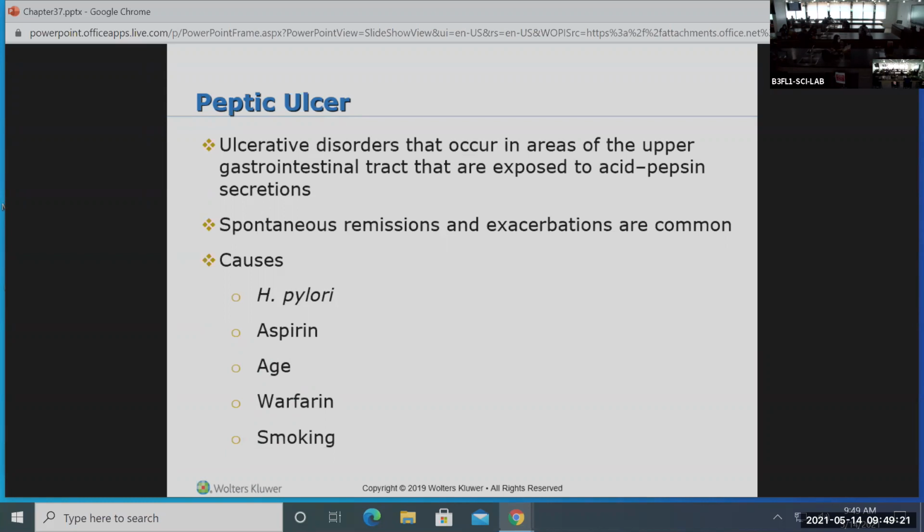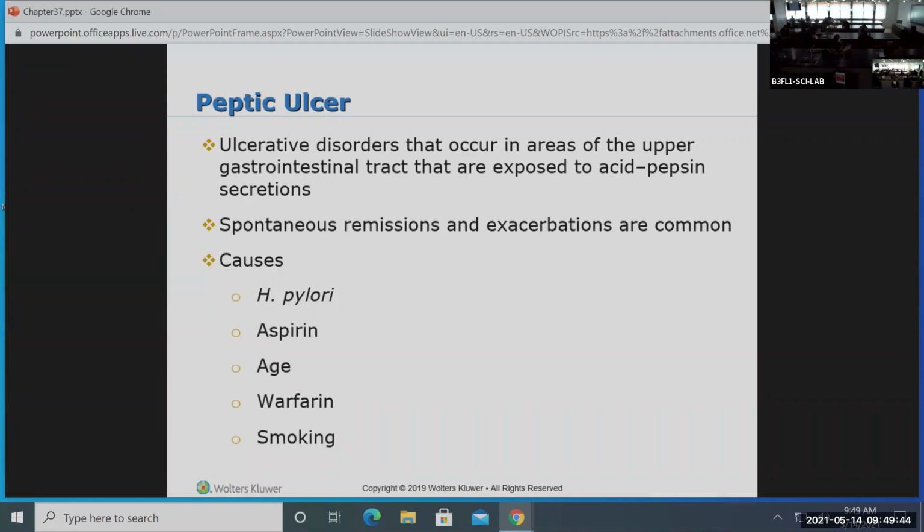Is it clear, folks? If it's only in the stomach, I will call it gastric ulcer. If it's only the duodenum, I will call it duodenal ulcer. If both, I need to change, I say peptic ulcer. Is it clear? What is the reason behind it? And that's very common over the counter: peptic ulcer disease, tablet, take this tablet.